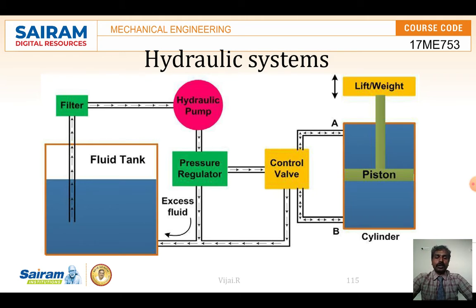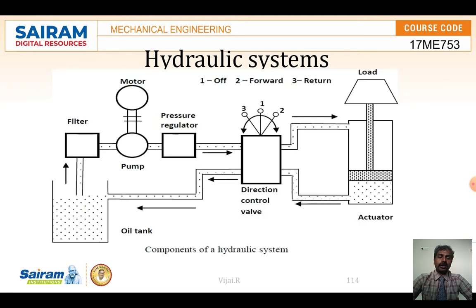In the control valve, it helps with direction control. The directional control valve decides which way the liquid has to go, either to the top side of the actuator or the bottom side of the actuator.